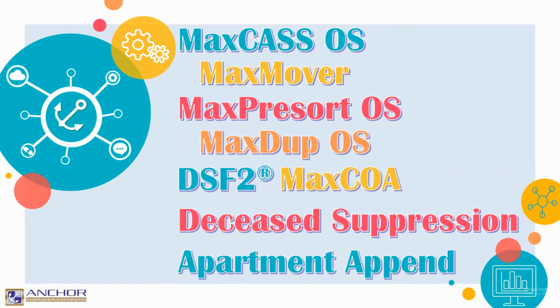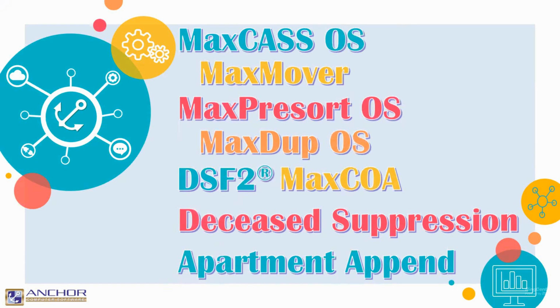Deceased suppression, which is a database listing of deceased individuals that you may want to use so that you don't mail to a deceased individual. AEP apartment append, address enhanced and apartment append, and others that we don't have listed here because there's just not room, but they can all be used with AnchorConnect.